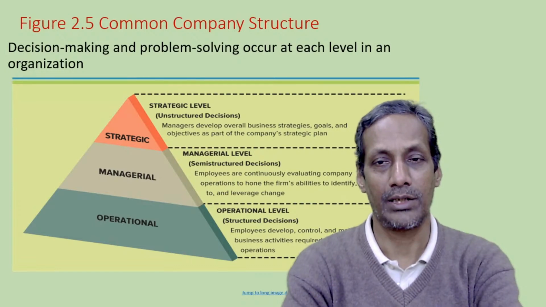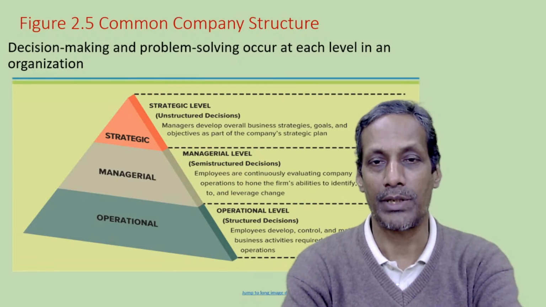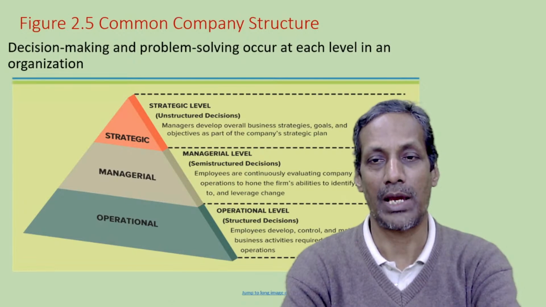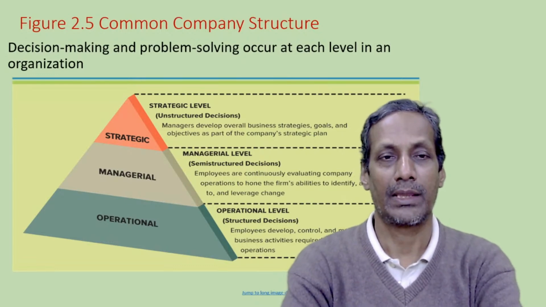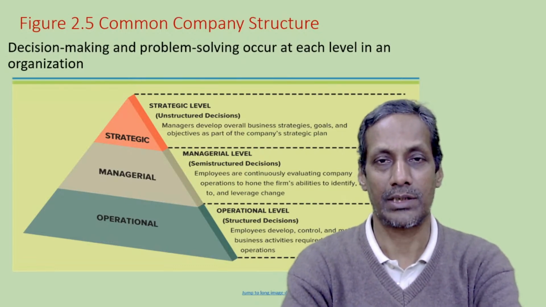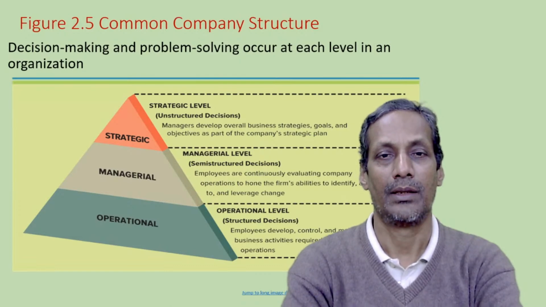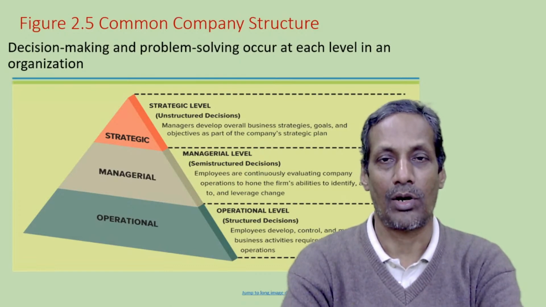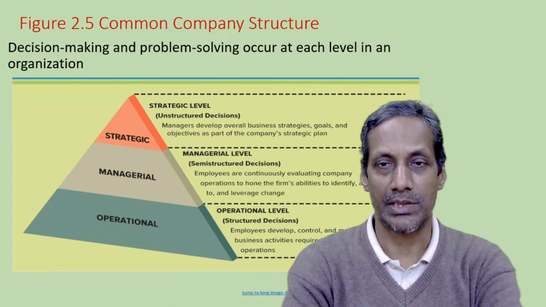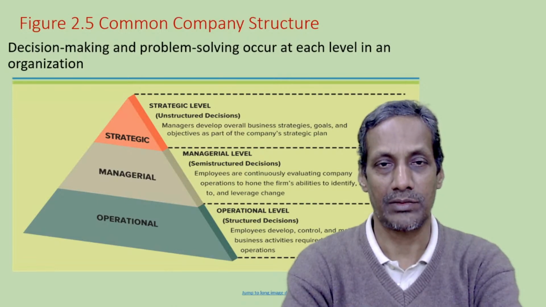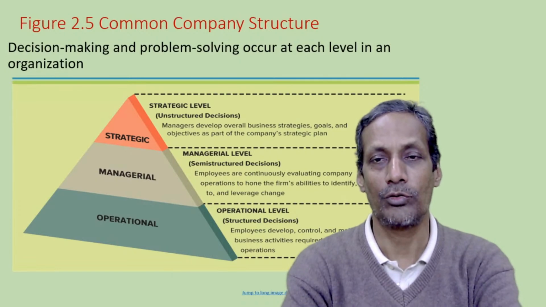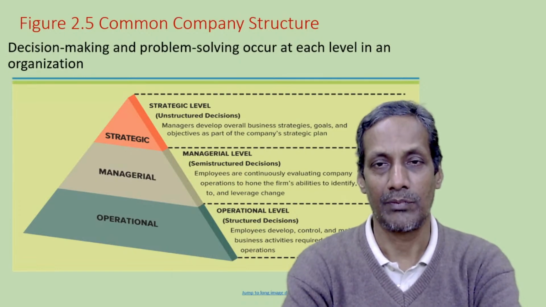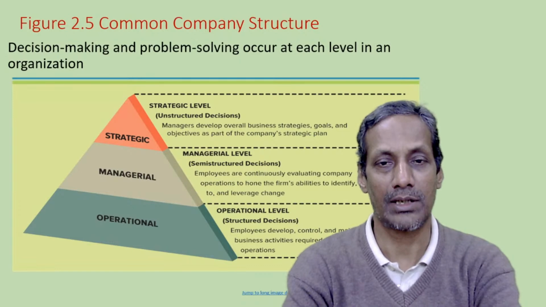Employees are continuously evaluating company operations to hone the firm's abilities to identify, adapt to, and leverage change. And at the top level, the managers who are involved in unstructured decisions try to develop the overall business strategies, goals, and objectives as part of the company's strategic plan. So they make good use of an information system which can support their unstructured decision making.